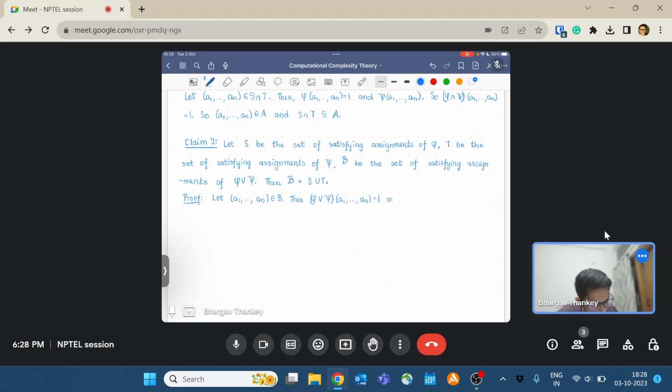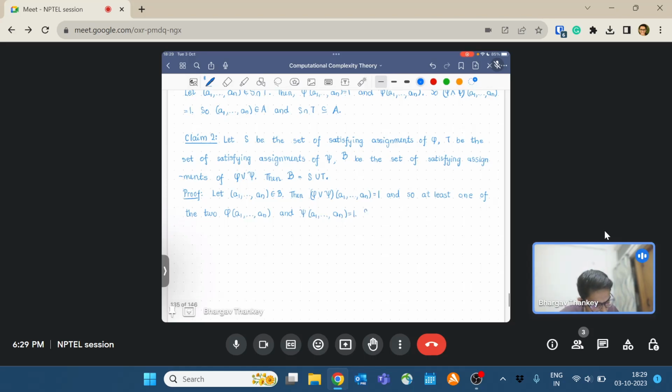And so at least one of the two, phi of A1 to AN or psi of A1 to AN, is true. So A1 to AN is in S union T. So P is a subset of S union T.